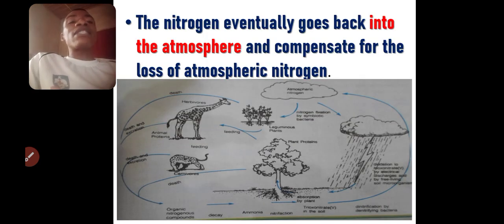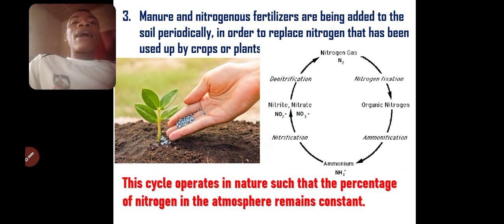So the nitrogen that was produced by the denitrifying bacteria will eventually go back to the atmosphere and replace those ones that were lost by virtue of thunderstorm that produce acid rain. Also, manure and fertilizers are normally added to the soil periodically to replace some lost nitrogen that have been used up by crops or plants.